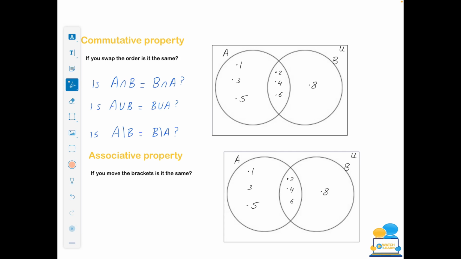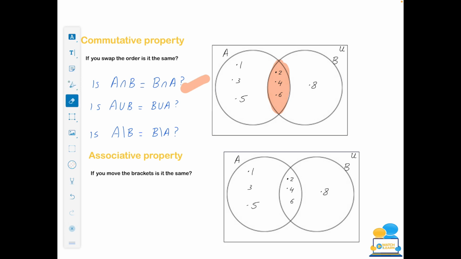Now, for sets, we need to look at intersection, union, and set difference. The first question we're going to ask is, is A intersection B the same as B intersection A? We're going to look at these sets that we were using earlier on. A intersection B is this section here, but that's the same as B intersection A. So we conclude that yes, intersection is commutative.